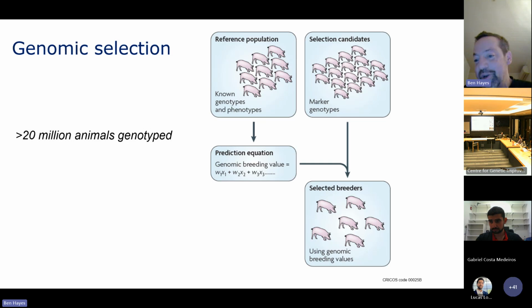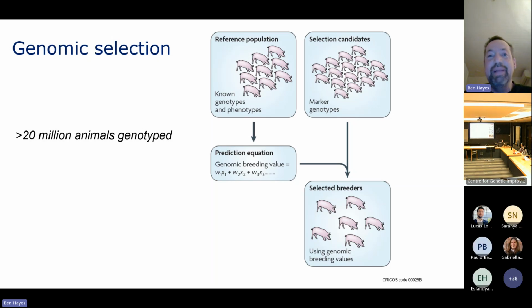But just to touch on genomic selection, as many of you will know, the starting point for genomic selection are these reference populations where you have a large number of animals genotyped for genome-wide SNPs, 50,000, 700,000 SNPs, and they're also recorded for the trait that you want to improve. And I say large reference populations. Some of these reference populations are now extremely large.